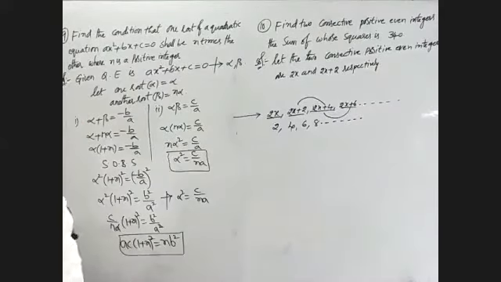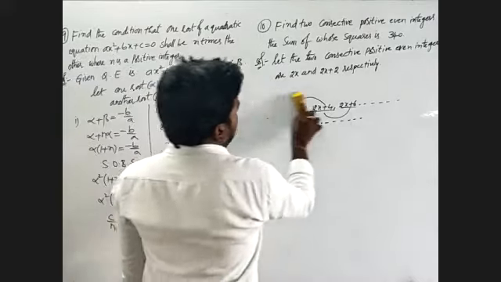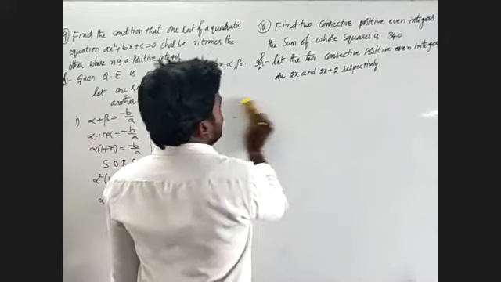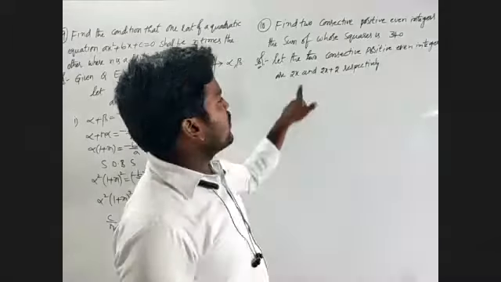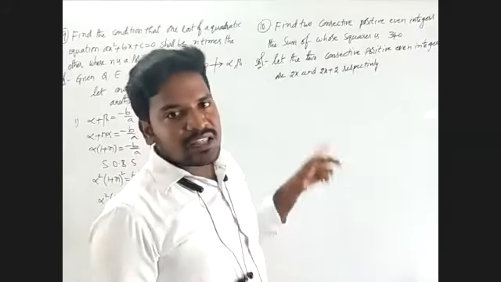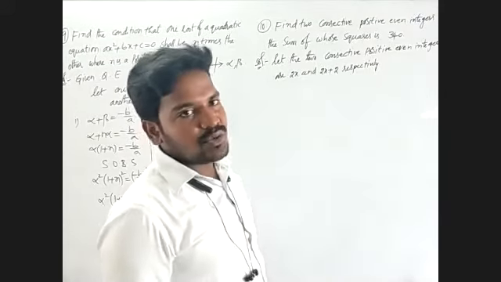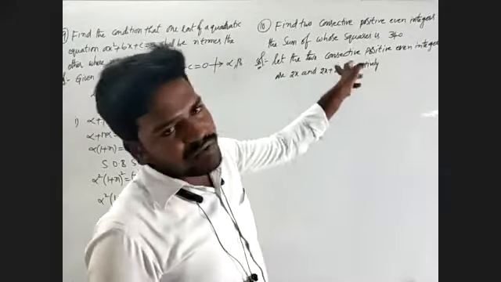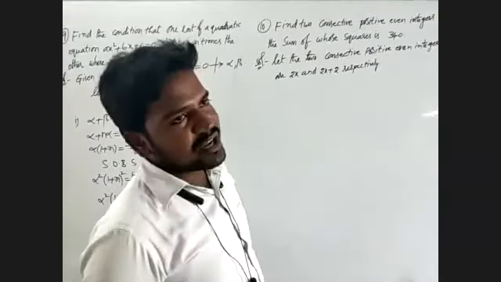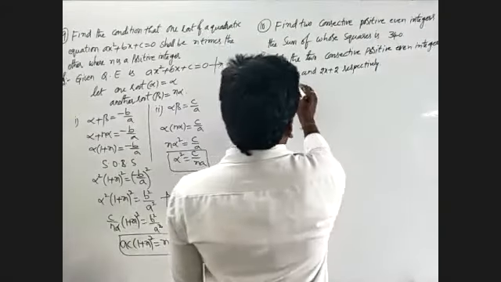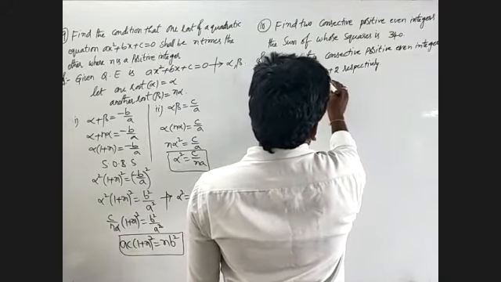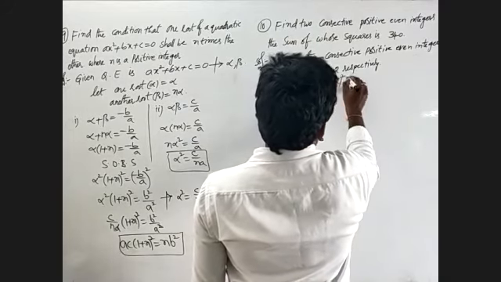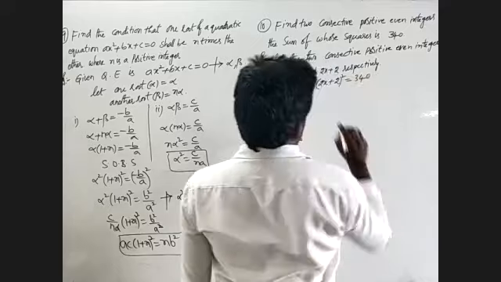But what I am asking in this problem is that the sum of whose squares is 340 is given. One root I will take 2x, another root 2x plus 2, but the sum of whose squares is 340. That I will write: 2x whole square plus 2x plus 2 whole square equals 340.